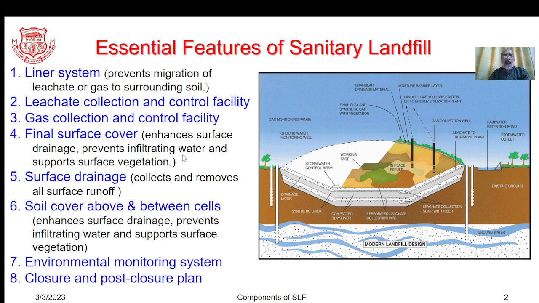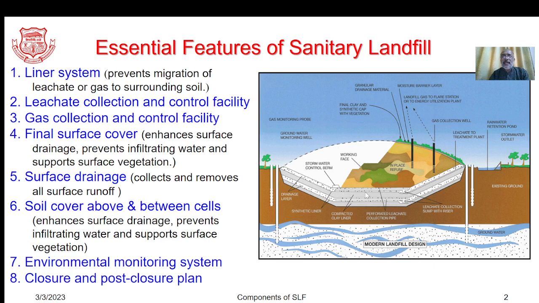Here we provide the liner system, which prevents the migration of the leachate as well as the gases to the surrounding soil. Further, as we discussed in the previous presentation, as the waste undergoes various physical, chemical as well as biological changes, it gives rise to certain leachate as well as certain gases.